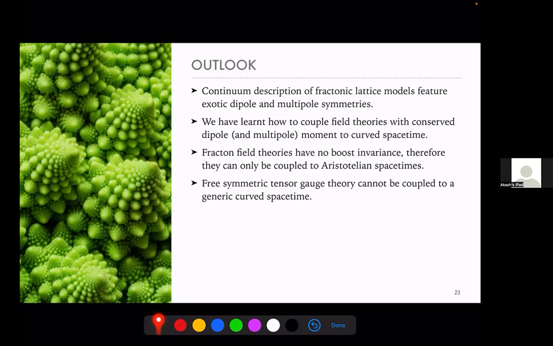Your spacetime must carry a preferred frame velocity, otherwise you cannot couple them. A consequence is that this frame velocity leads to the symmetric tensor gauge theory, which was the free version of electromagnetism in the presence of conserved dipole moments. This system typically cannot be coupled to a general spacetime. Okay, thank you very much.